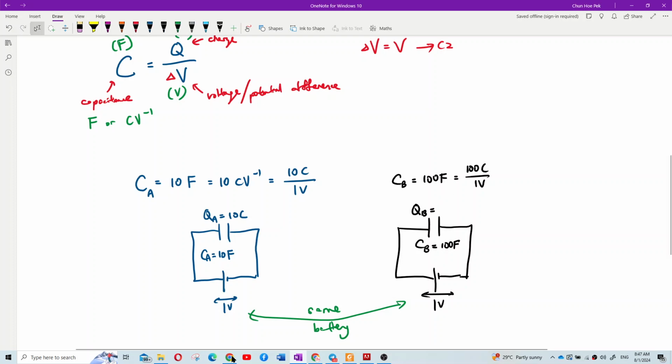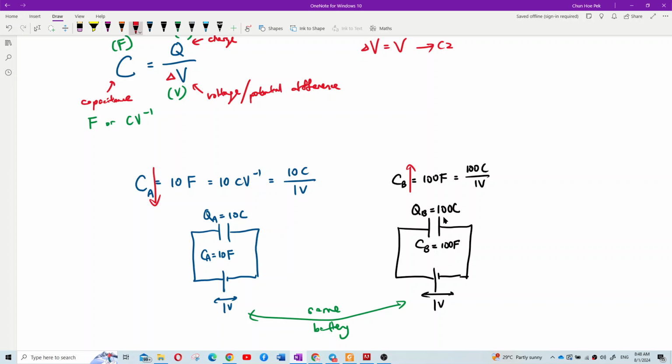For the same battery of 1 volt, B has higher ability to store charge. It can store 100 coulomb for 1 volt instead of just 10 coulomb. So it has higher ability to store charge compared to A.